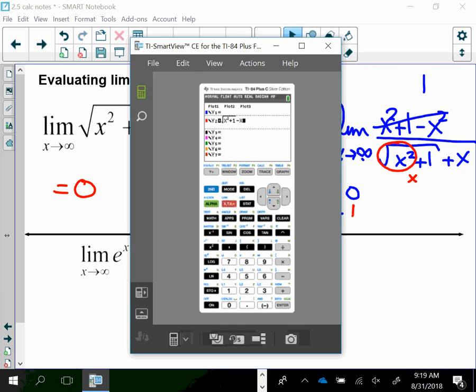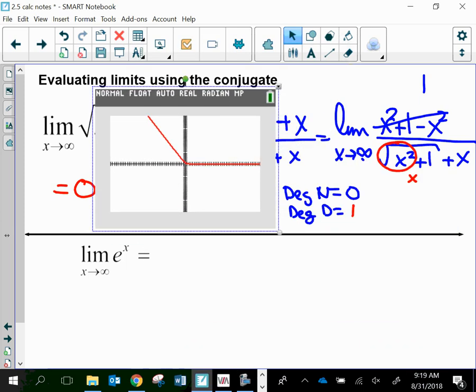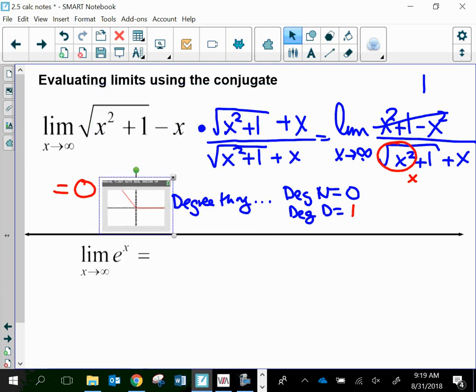Okay. All right, there's your graph. See how it hugs the 0 at the end? So it's completely verified, but, you know, always, come on. All right, so there's your verification of that. That's all we're doing. Okay, any questions on that? So that's create a rational expression.